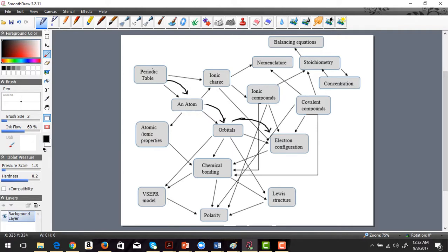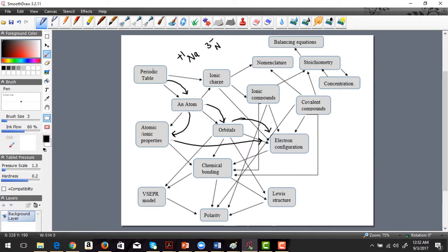And then from the atom we learned about atomic and ionic properties. We also learned periodic trends like ionization energy and stuff. And once we learned that, we also tied it back to writing electronic configuration for ions. And we used the Roman numerals to determine how sodium would make +1 and nitrogen would make N3-.